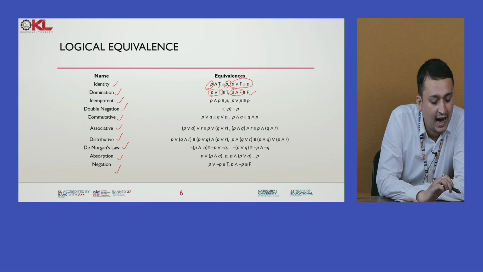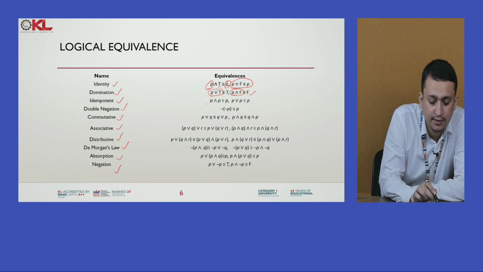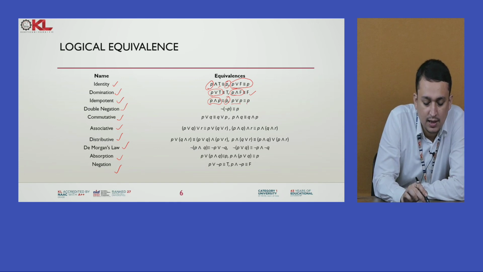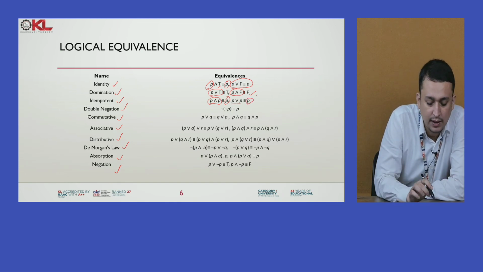Idempotent means if we perform some operation with itself, we get the same thing. If we perform conjunction of P with itself, we get P; if we perform disjunction of P with itself, we get the same part. Double negation: if double negations are present, both are cancelled out and we get the same statement.